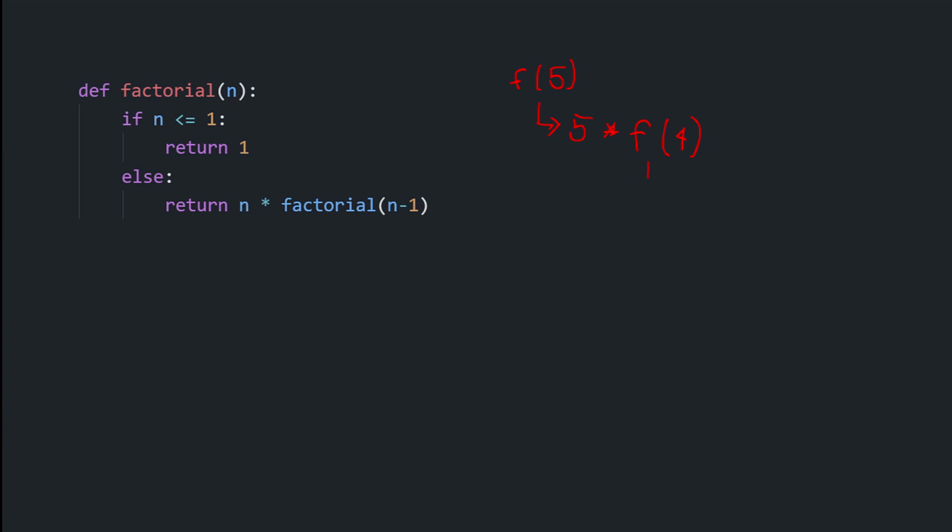And once again, it will call this function and check if n is less than or equal to 1. Since it's not, the result is going to be 4 times the factorial of n minus 1, which is going to be 3. And it will continue this way until it reaches the base case.